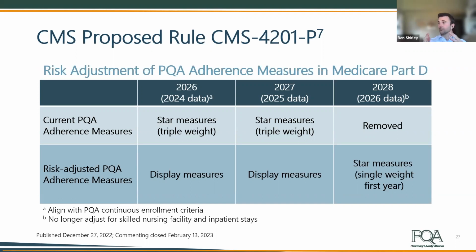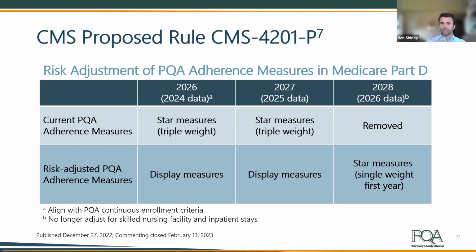But ultimately, if this rule is finalized, it's only proposed now, the legacy, and when I say legacy, I mean non-risk adjusted medication adherence measures would remain in the star ratings, as you can see on the slide there, through star year 2027.